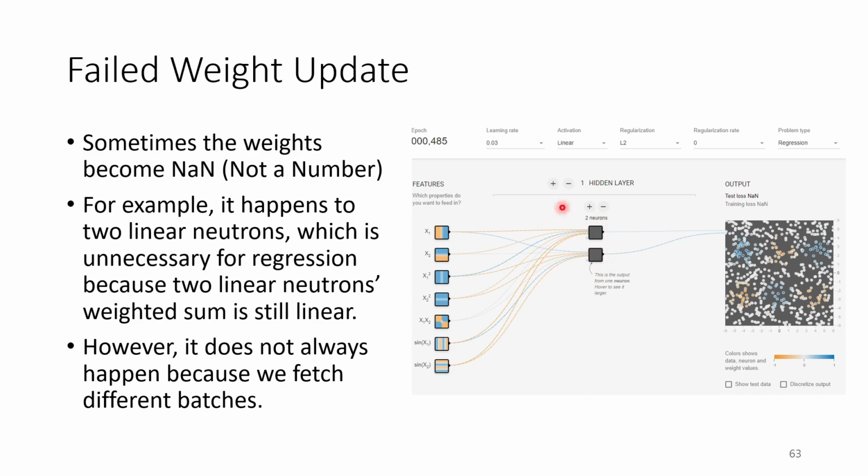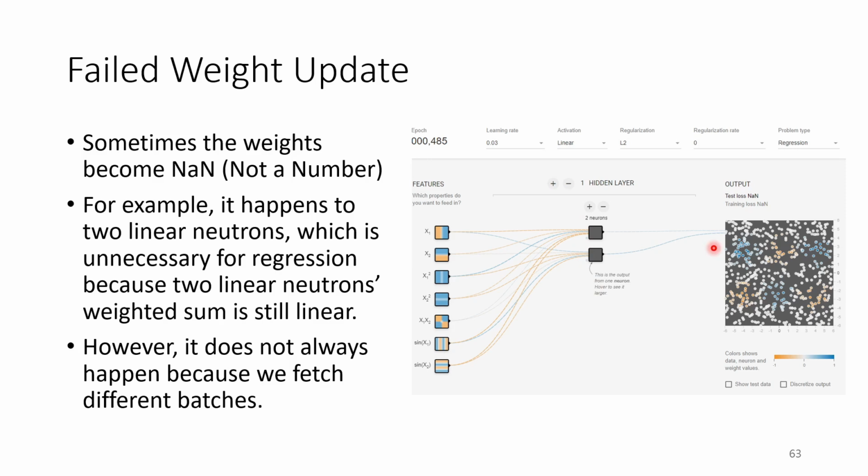Because, say, if I use linear activation function and there are two neurons, what will happen? A linear weighted sum through a linear activation is still linear.